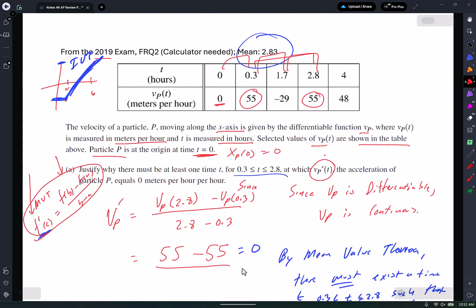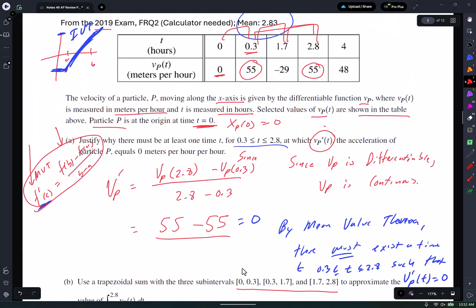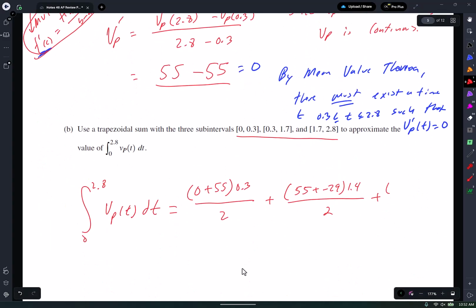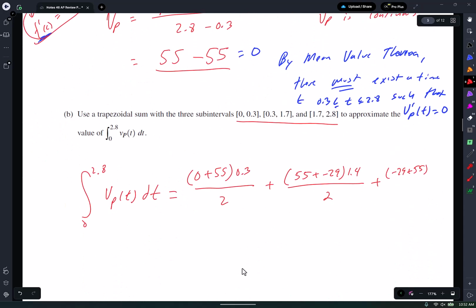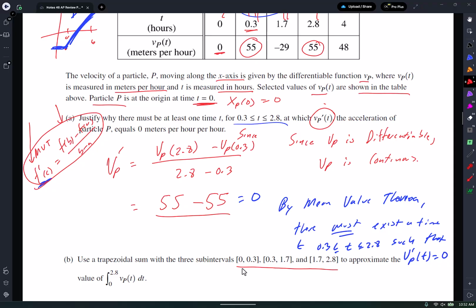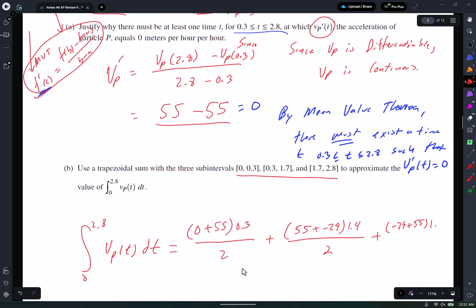What's the difference between 1.7 and 0.3? 1.4 divided by 2, plus, and then this is my last one, guys, because you have 3 trapezoids. Negative 29 plus 55 times what? 1.1 or 1.9? 2.8 minus 1.7? Yes, 1.1. 1.1 over 2.